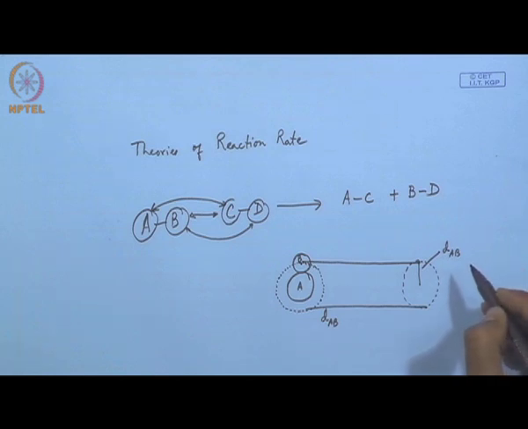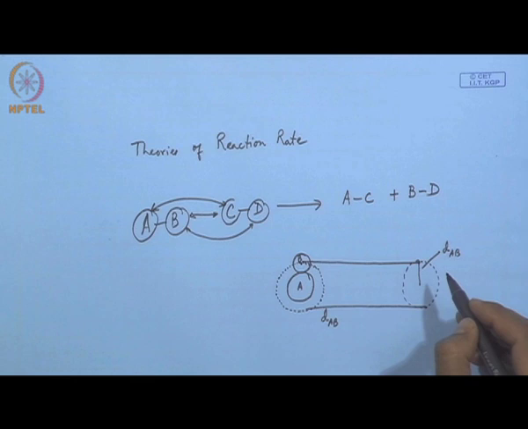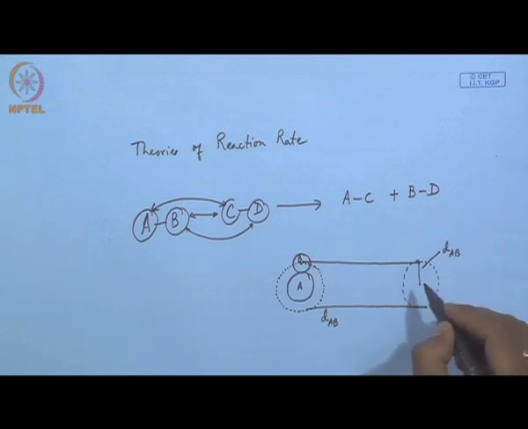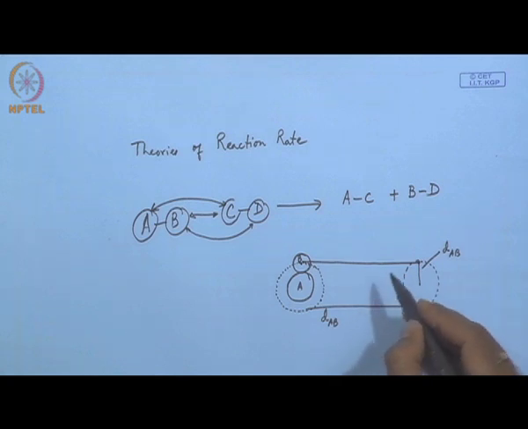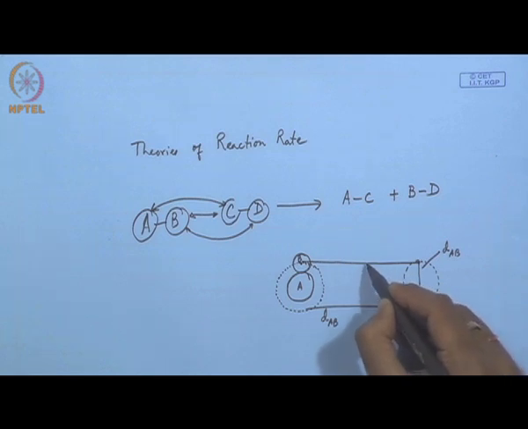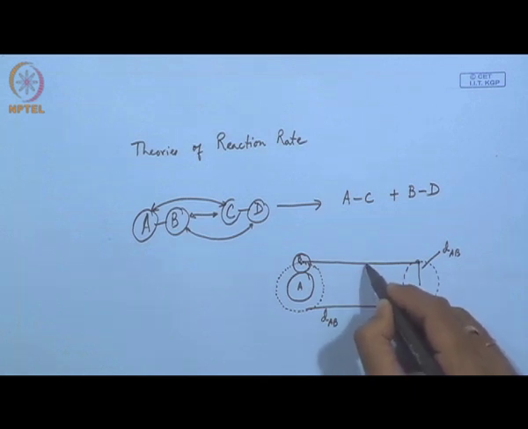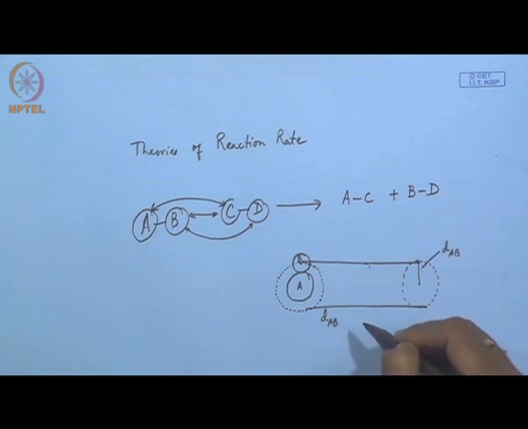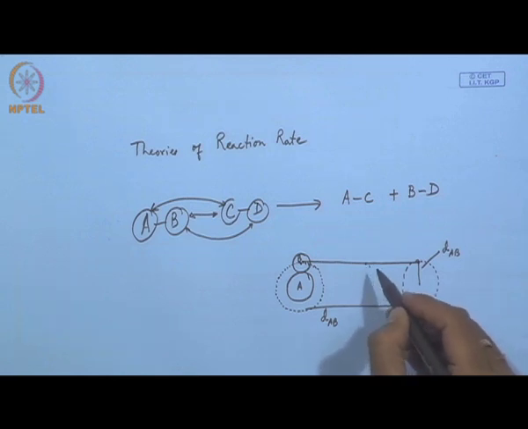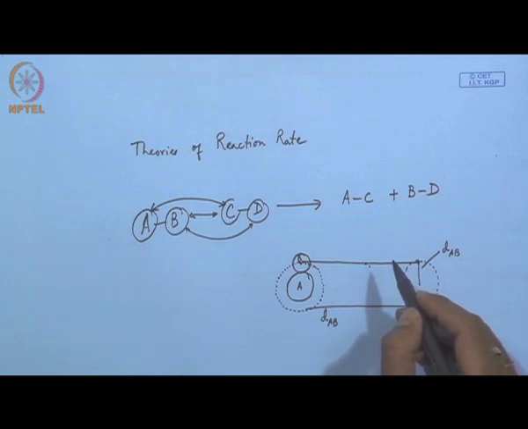If any B molecule is positioned in three-dimensional space such that its center is either within this cylinder, or just on this line, then there is a chance that this second molecule B will collide with your A molecule.